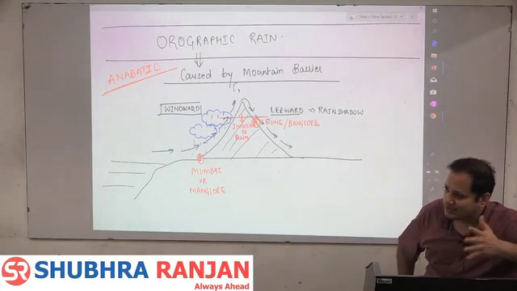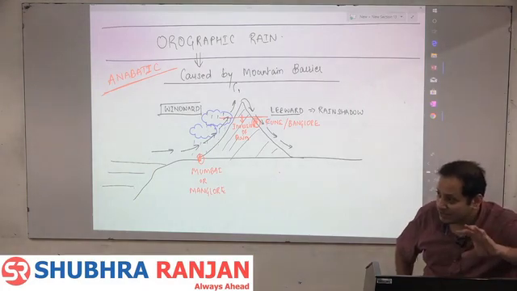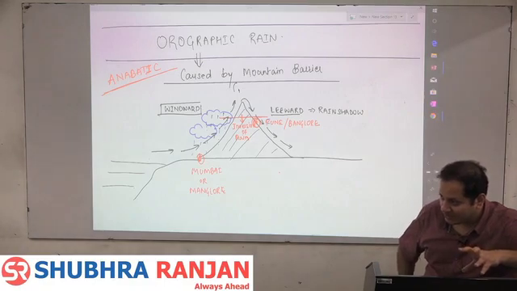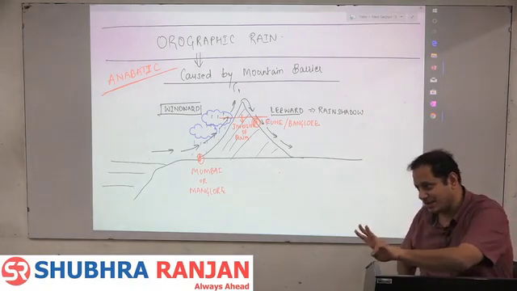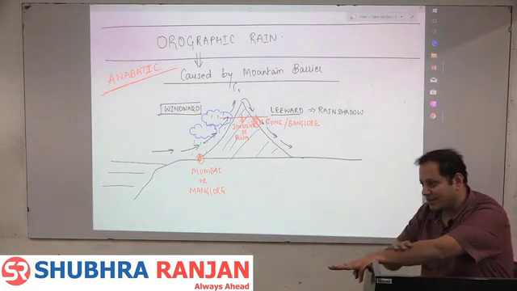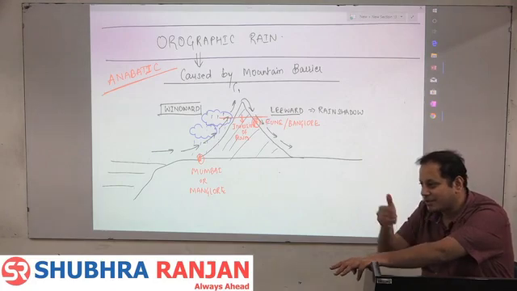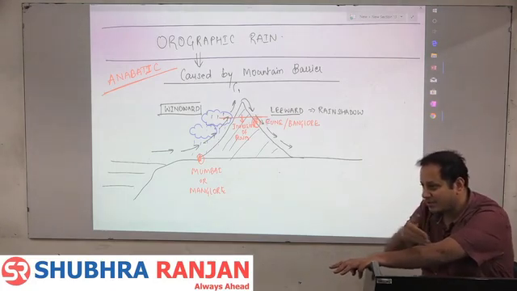We don't take it as a kind of rainfall. We talk only of the frontal rainfall which is formed along the fronts. Fronts are formed only in temperate cyclones, never in tropical cyclones. So there is no fourth type, there are only three types. Tropical cyclone is a totally different phenomenon. It is associated with convective heating only, but of the ocean surface, not of the land surface.